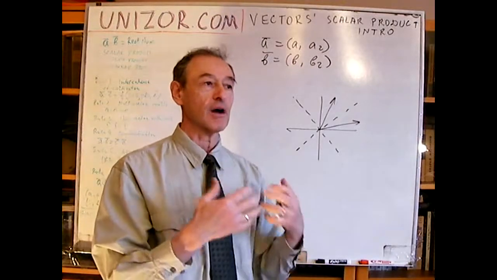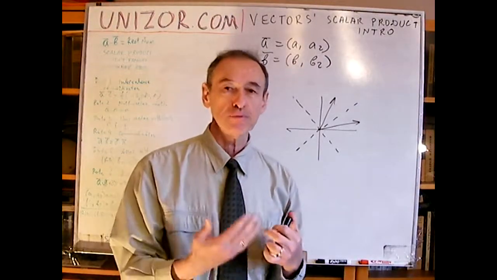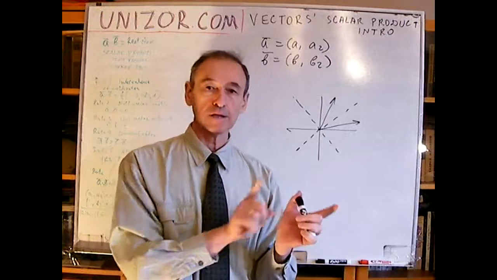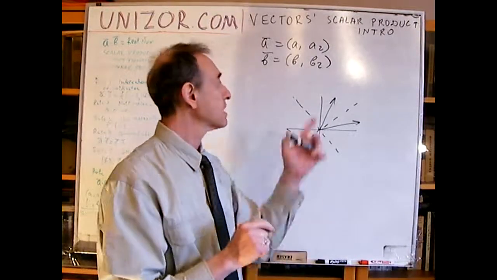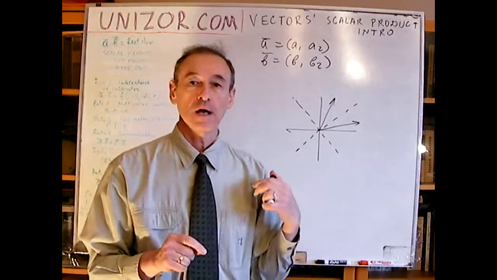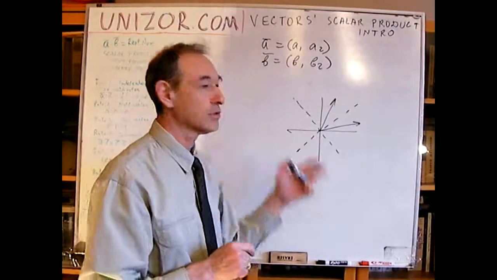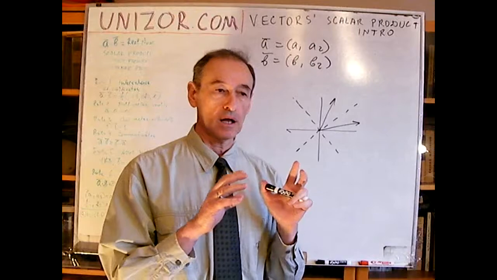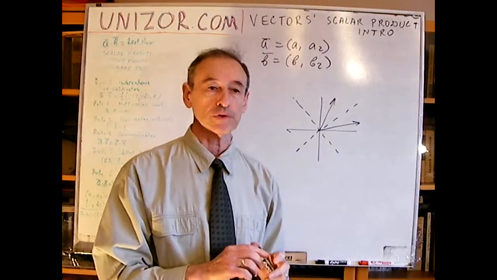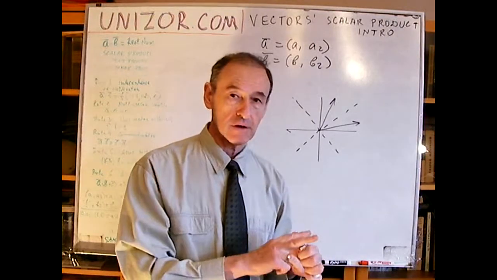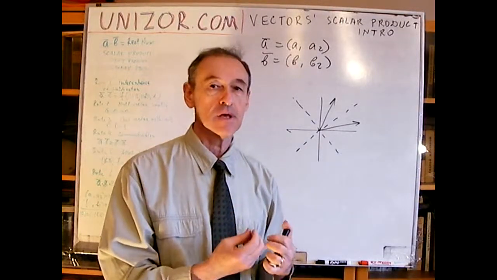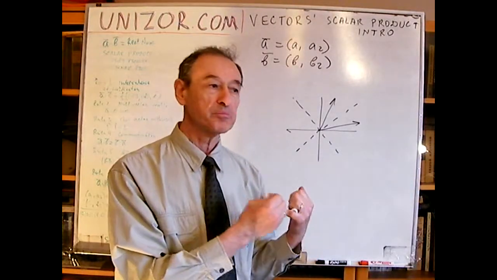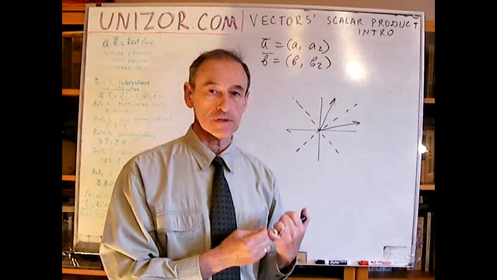So it's a function of vectors' physical properties, like lengths and angle between them, not the result of their concrete representation in a concrete coordinate system. So independence of the coordinate system is very, very important. It's a property of the vectors and their physical essence rather than their concrete representation in some coordinate system.